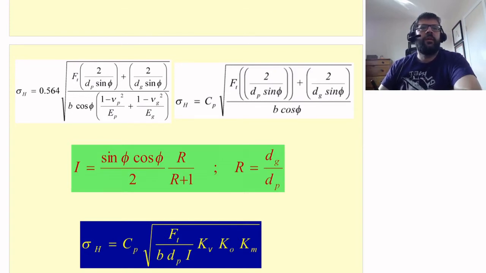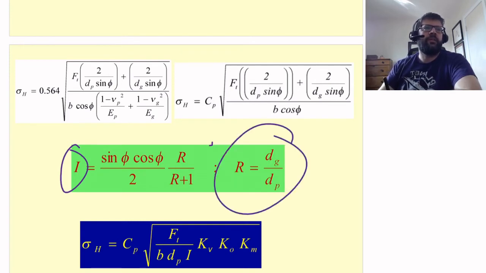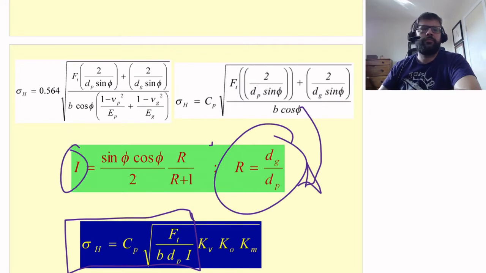Essentially, that can all be reduced down if we plug in this I: sine of the pressure angle, cosine of the pressure angle, divided by 2, times the gear ratio divided by the gear ratio plus 1. Plug that in, and this reduces down to this part here. And then there are a few correction factors that they threw on as well.